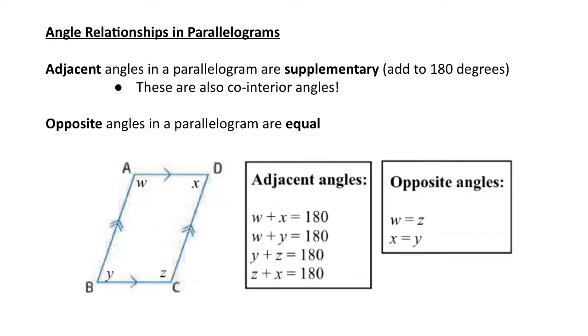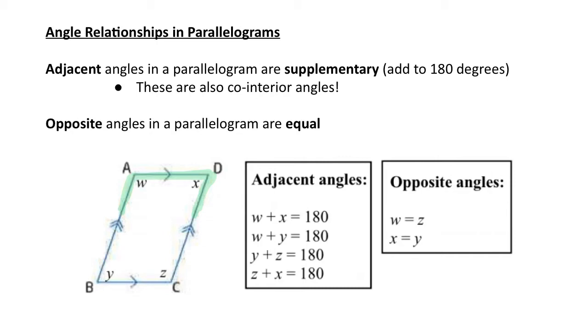So the first adjacent angle pair could be between W and X. So I'm just highlighting around this set of adjacent angles in green. Now you can see that the section that I've highlighted in green kind of makes what resembles a C pattern. And if you remember your angle theorems, co-interior angles can be identified in a diagram by what we call the C pattern.